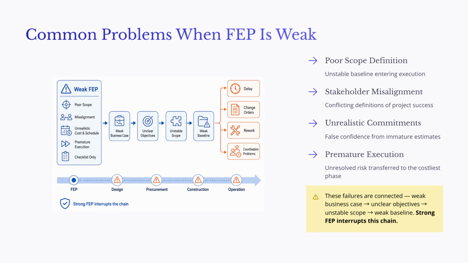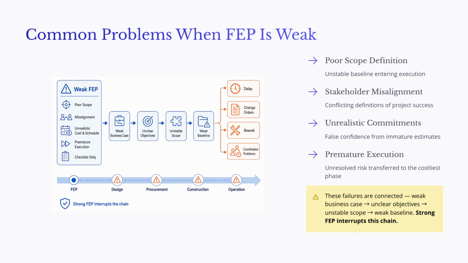When FEP is rushed or treated as a paperwork exercise, the problems often appear later during design, procurement, construction, commissioning, or facility operation. One common problem is poor scope definition. If the team does not clearly define what is included, what is excluded, and what assumptions support the estimate and schedule, the project enters execution with an unstable baseline.